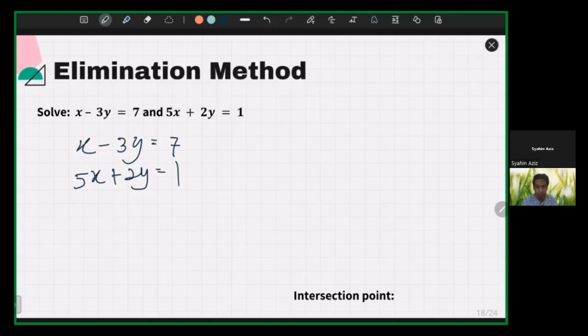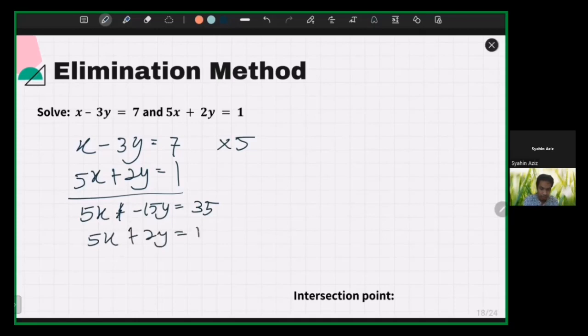For example, we eliminate the value y first. So we multiply all this by 5. So we get 5x minus 15y equals 35. Then 5x plus 2y equals 1, this is multiplied by 1.